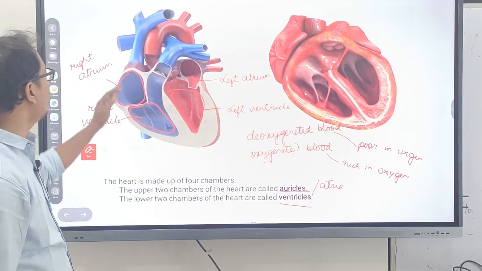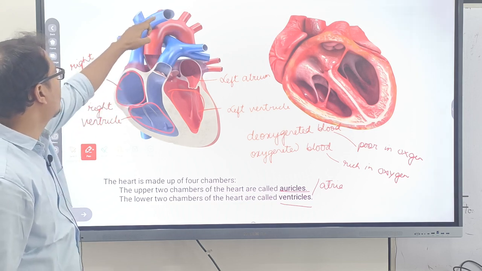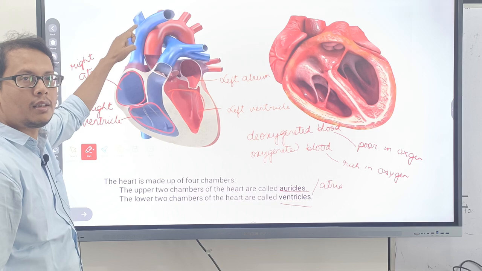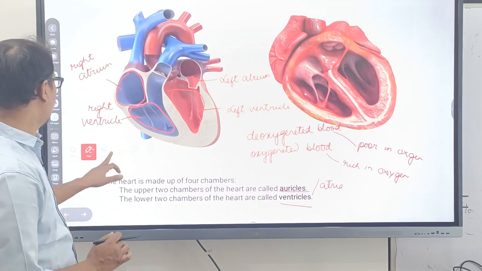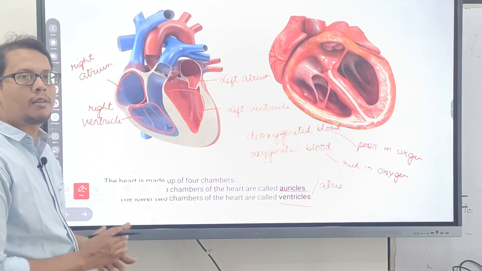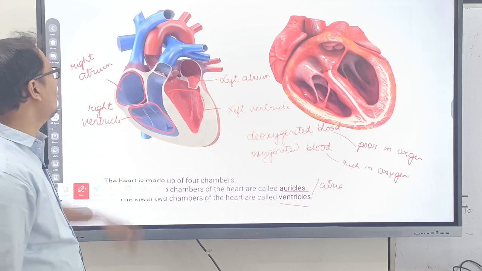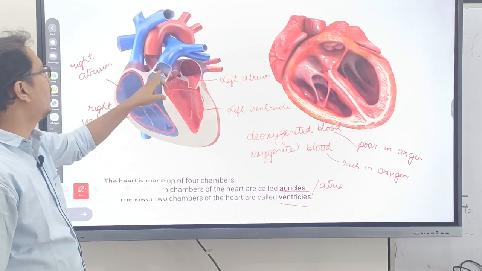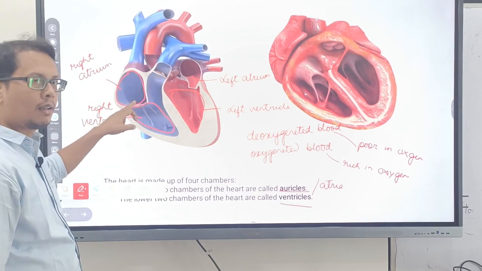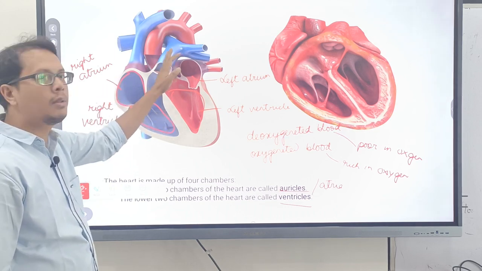So what happens? This region is known as the vena cava. One is the superior vena cava and this is the inferior vena cava. In the next slide, I will show you the function of the superior vena cava, the aortic valve, the tricuspid valve, the mitral valve, and the pulmonary artery.